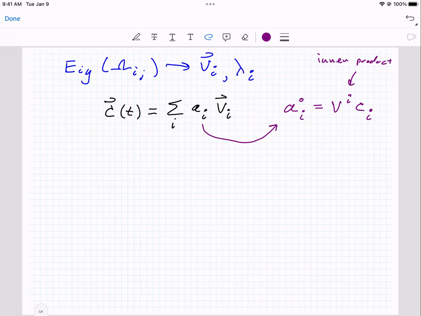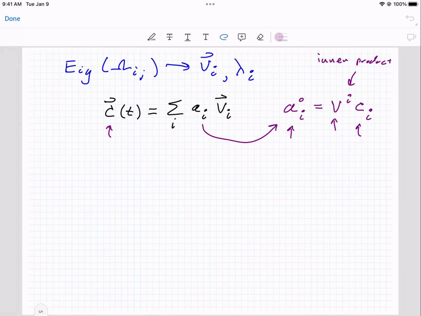That's going to be the original C sub i, and then we take the inner product with the eigenvectors of the graph Laplacian. That gives us these coefficients. The total concentration across all the nodes is then a combination over all of these eigenvectors with these coefficients. Then we plug into the diffusion equation, and there's a simple solution.